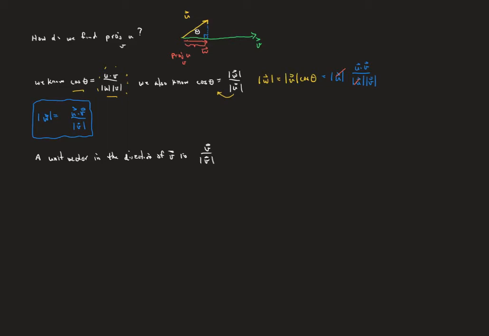We talked about that earlier. So this is now going to be a vector in the direction of V of length 1.